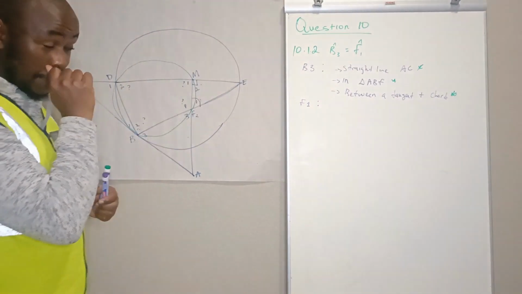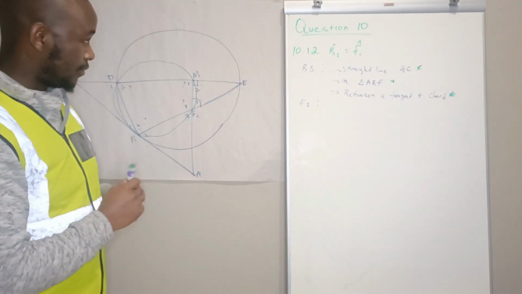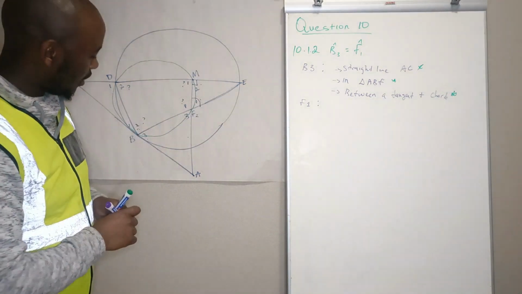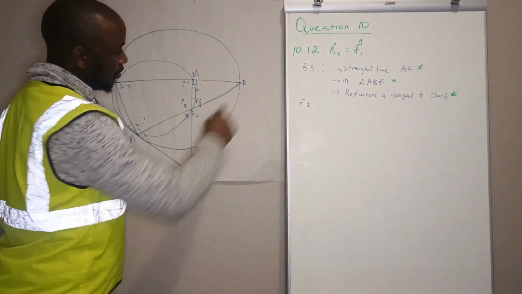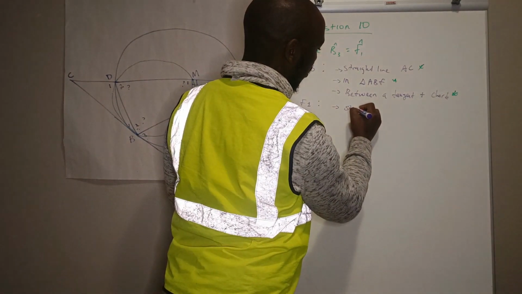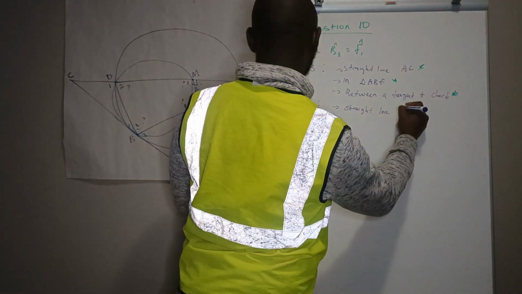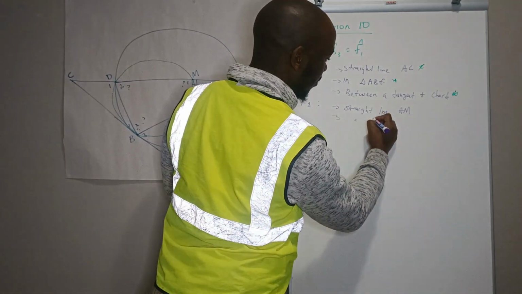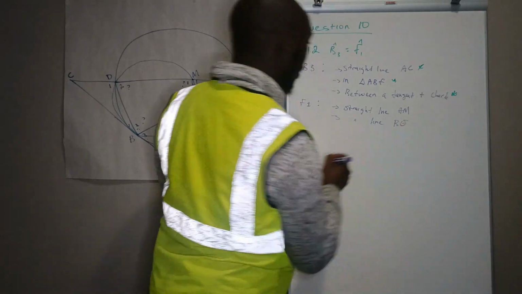So it's the same thing that we stated in there. F1 is on two straight lines. We see that there's a straight line AM and there's a straight line PE. So it's in a straight line AM. It's also in the same line, the line called BE.